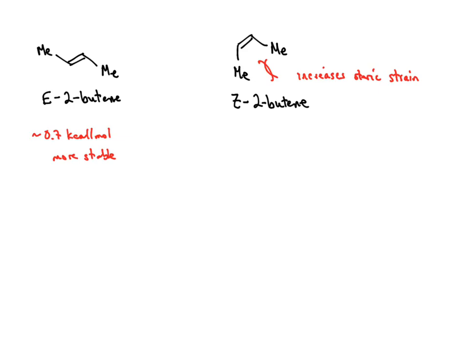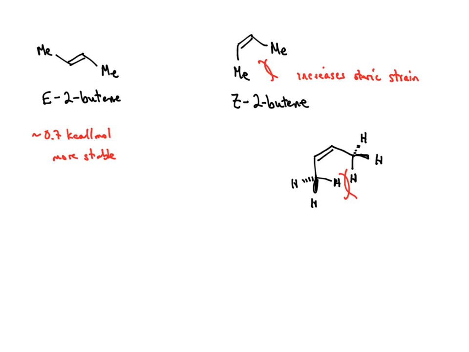Another way of depicting this is if we were to draw out the hydrogen atoms of that methyl group. So let's do that. We see, just like in the case of conformational analysis, when we have the nuclei of two atoms overlapping, that gives rise to an increase in steric strain.